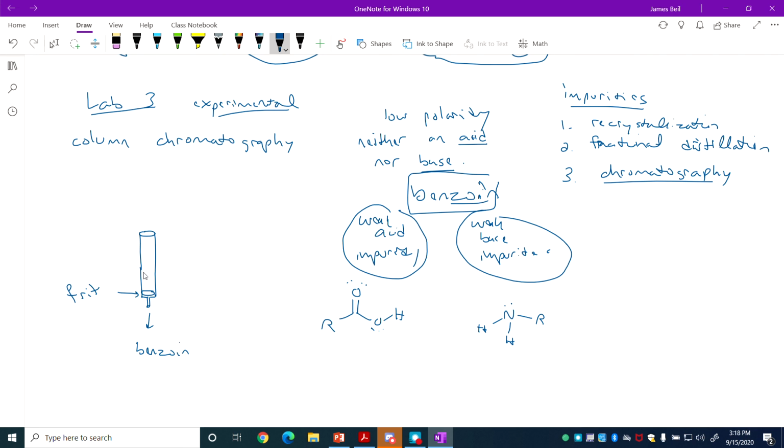And then we're going to pack on top of here a layer of ion exchange resin. There are two forms of the resin, one meant to remove the acid, one meant to remove the base. This resin consists of tiny little pieces of polymer, like a powder.